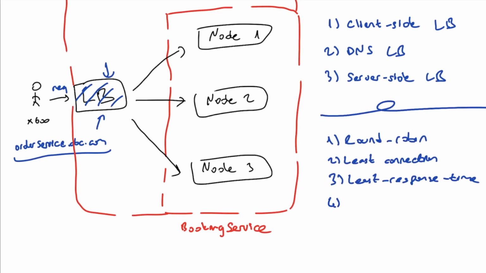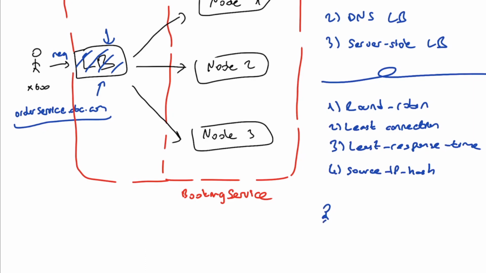And the last one I'm going to cover here is source IP hash. In this one, the load balancer is hashing the source IP. Let's say you have two clients, one coming from IP1 and another coming from IP2, and here is our load balancer.